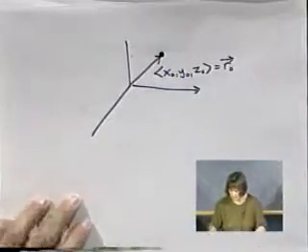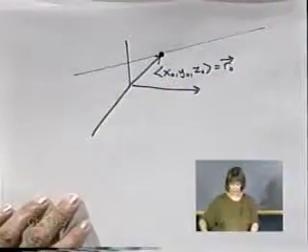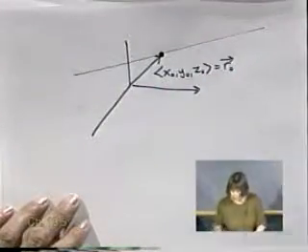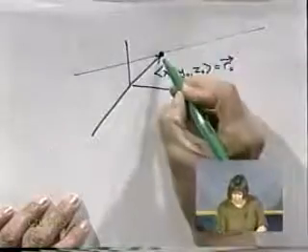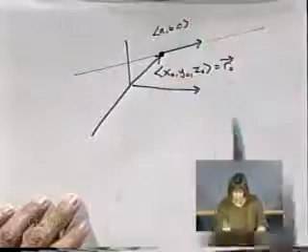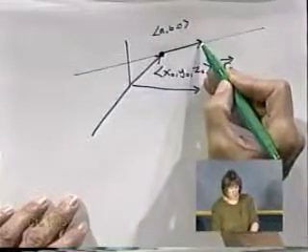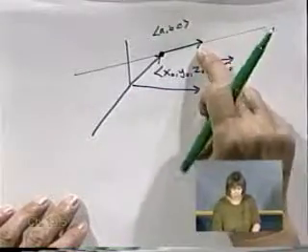Now let's pretend the line's going this way. If you give me one vector, which I'm going to call vector ABC, when you add two vectors, you draw the first one, you draw the second one, and your resultant starts where the first one starts and ends where the second one ends. Since this one's at the origin, it's going to be the coordinates of that point that you end.